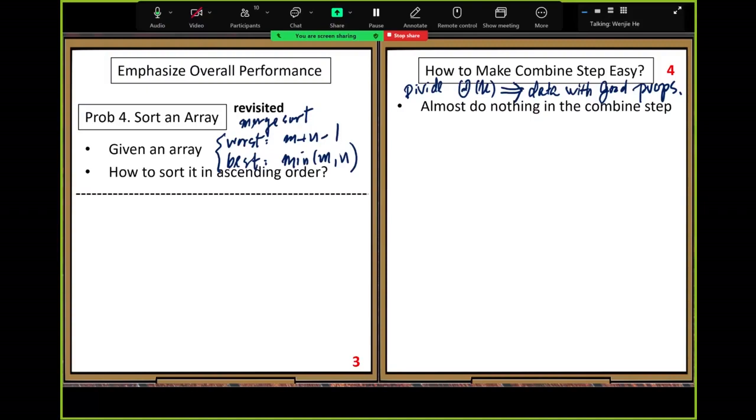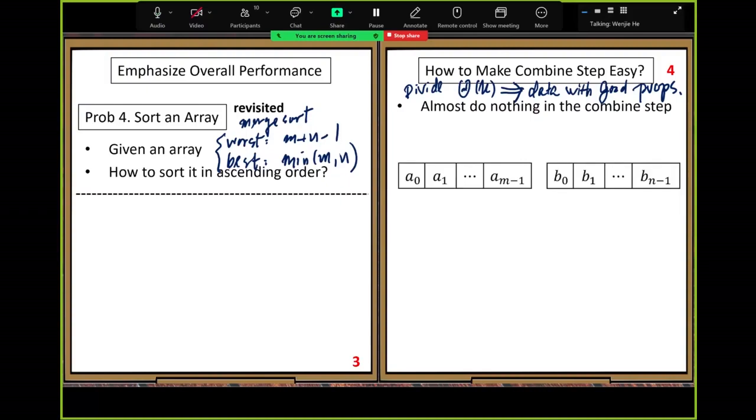The third step, when we combine two ordered subarrays, you can assume these are two special ordered subarrays.